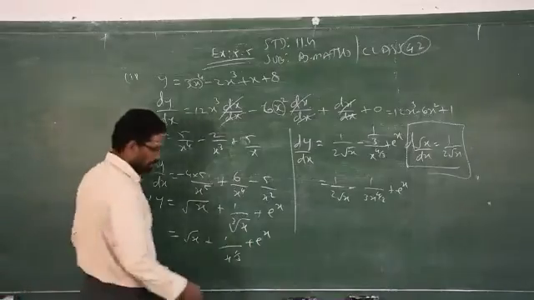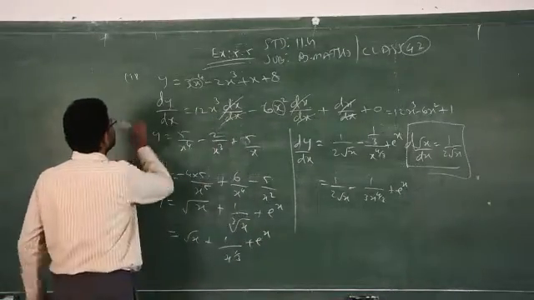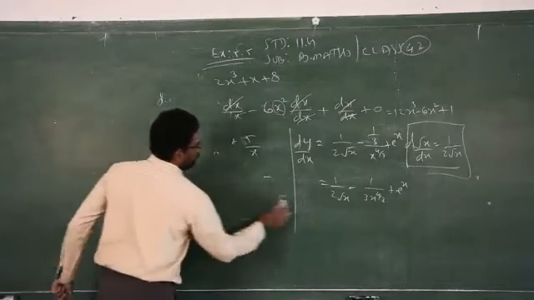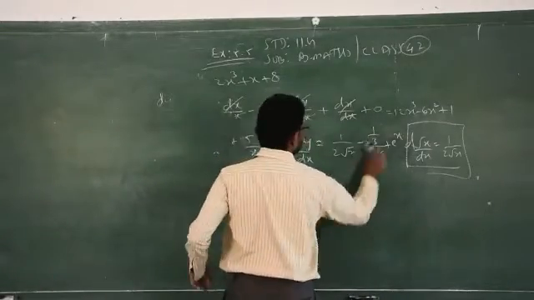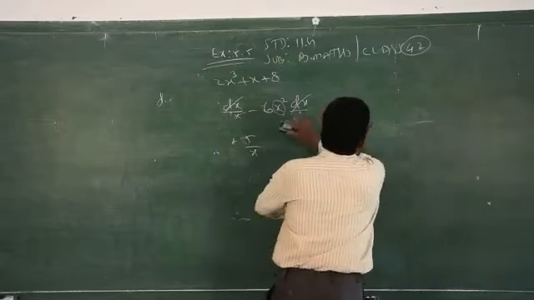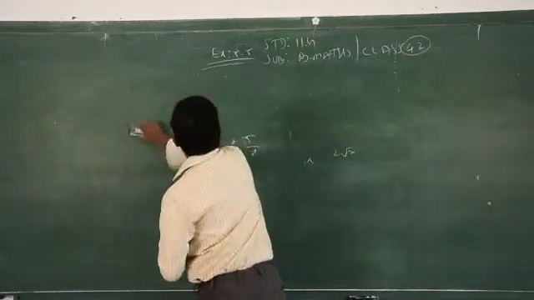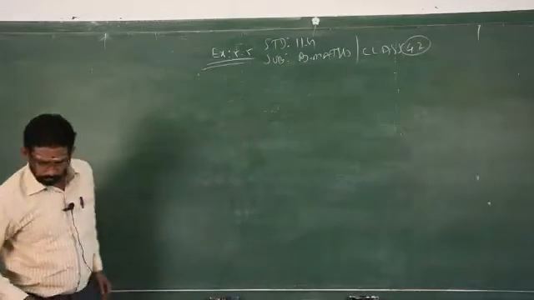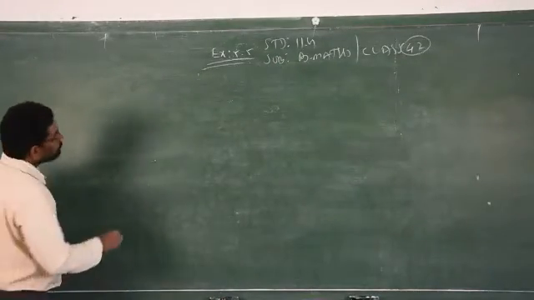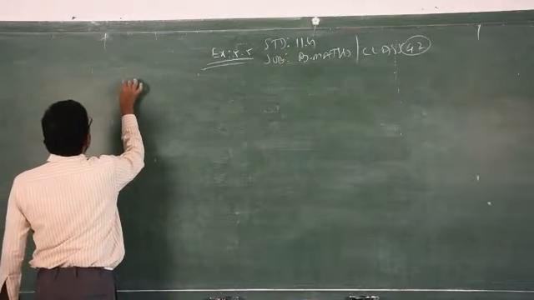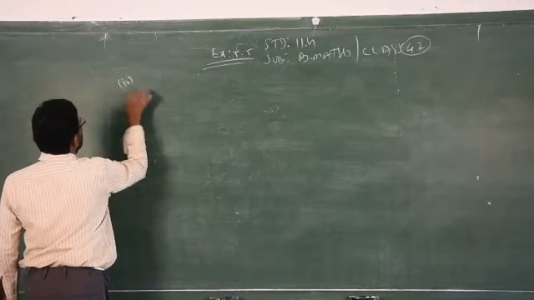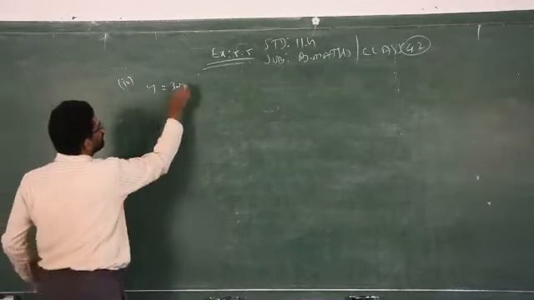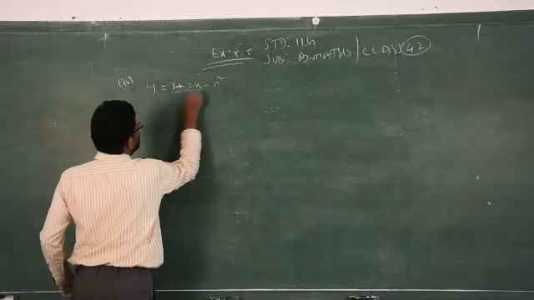Now we will go to sum number 4. y is equal to 3 plus 2x minus x square by x.